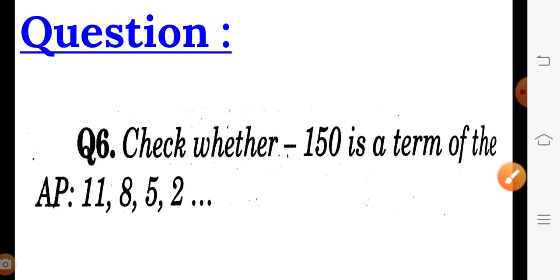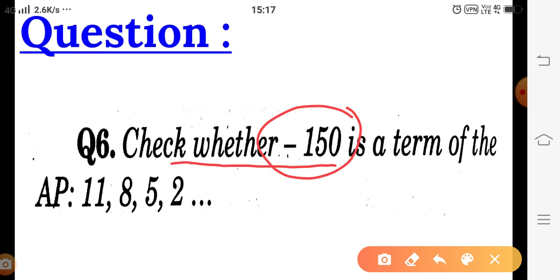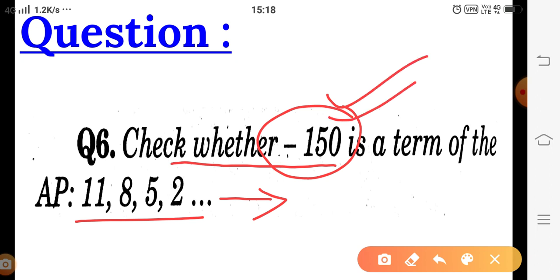In this question we have to check whether minus 150 is a term of the given AP or not. The AP is given as 11, 8, 5, 2, and so on, an infinite series, and a term is given as minus 150. We have to check whether, if the series progresses, we get this term minus 150 or not.